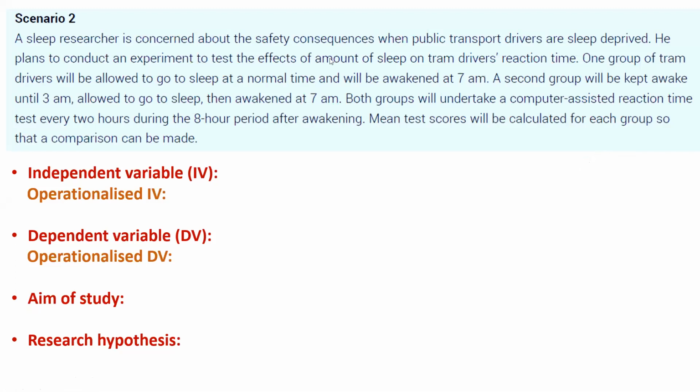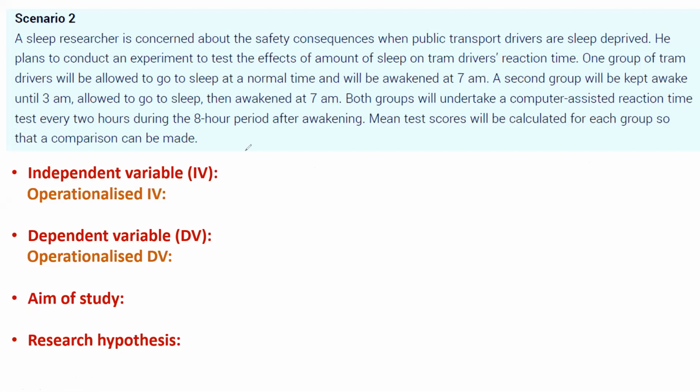So now we have to determine what is the IV, what are we manipulating or what are we making the experimenters do, and what's the DV? So what aspect of the participants are we measuring in terms of behavior, in terms of ability to do something for change?